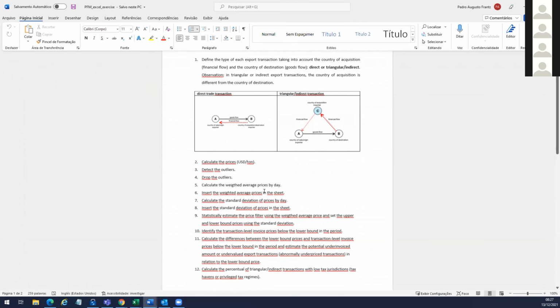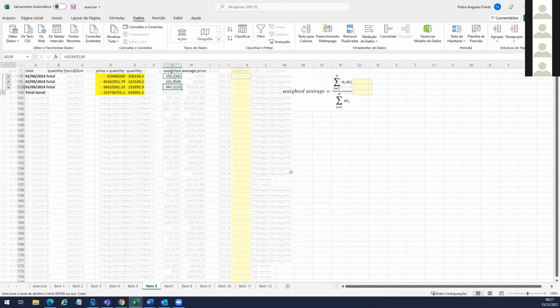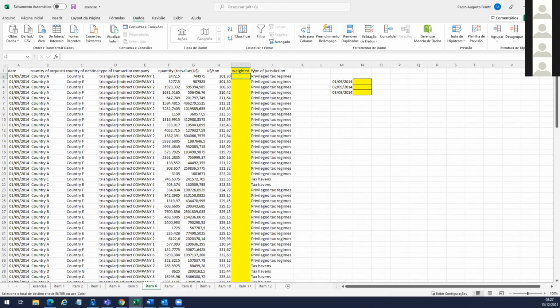Insert the weighted average prices in the sheet. Well, we have a weighted average here in item 6. We must insert here our weighted average, taking into account the day of occurrence of the transaction. Each day must have a weighted average. To facilitate, I will put our results from the last item in yellow.